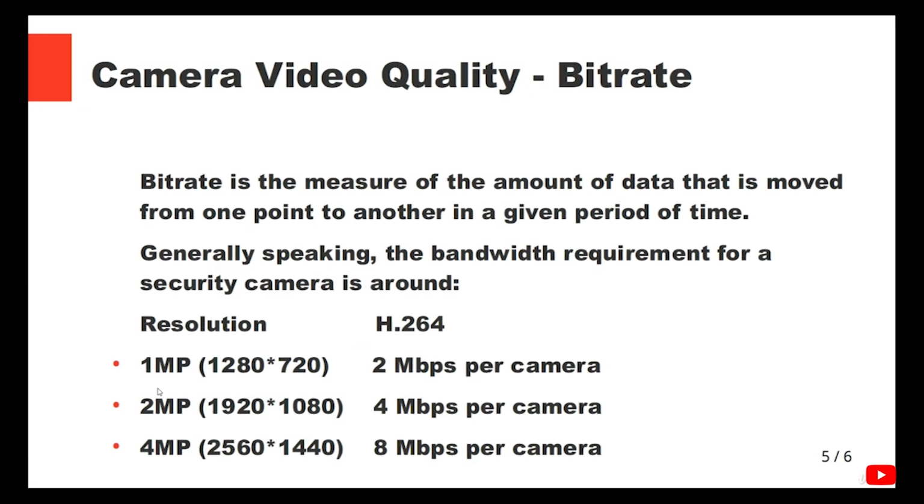Bitrate is a measure of the amount of data that is moved from one point to another. The bandwidth required for a security camera with H.264 compression is 2 megabits per second for 1 megapixel, 4 megabits per second for 2 megapixel, and 8 megabits per second for a 4 megapixel camera.